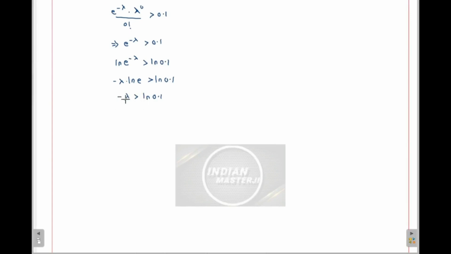So here I am going to divide by -1, so the sign will change. So here lambda will be less than minus ln of 0.1. Correct? But what is this particular value? If we solve it on the calculator, we get 2.302585 and so on.